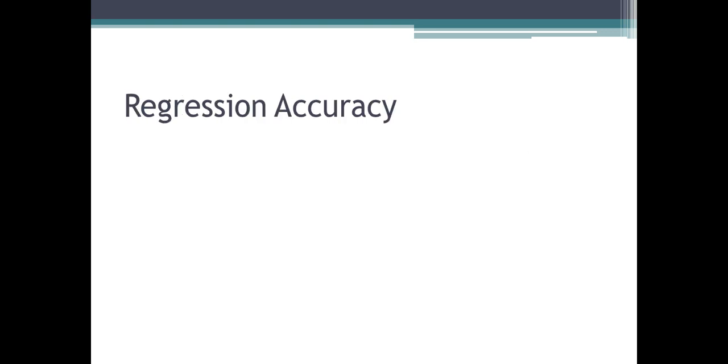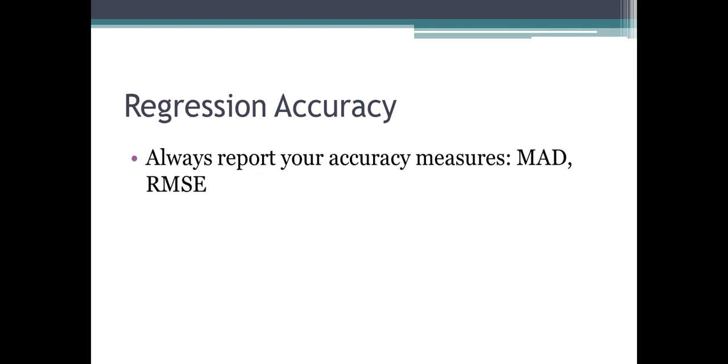Whichever forecasting approach you are using, if you are utilizing regression, you have to report on your accuracy. You have to always report your accuracy measures, just like you would with the other forecasting tools that we have studied. So compute and report your MAD and your RMSE. You also have R-square, which is the significance of your model.